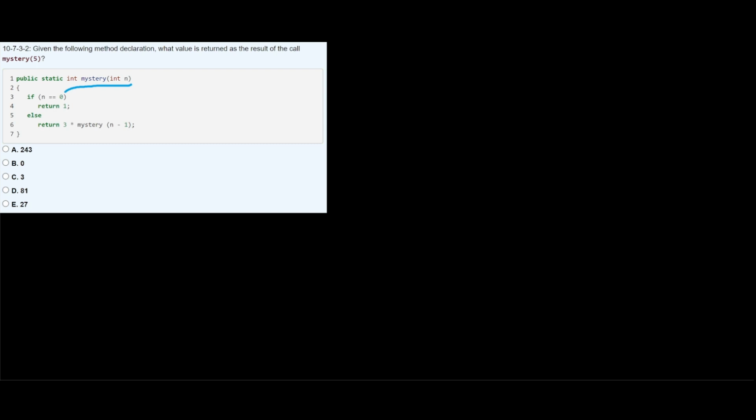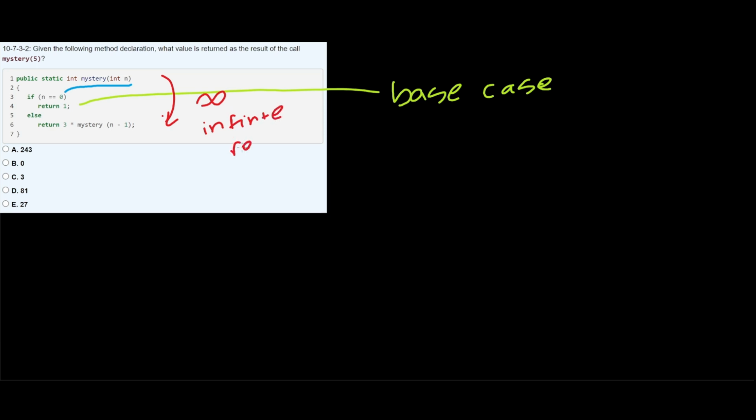Well, in this case, when n equals 0, that's going to be our base case, because that is what stops this recursive method from running over and over and over. It's going to stop the infinite recursion. So this n equals 0 right here, that's our base case.